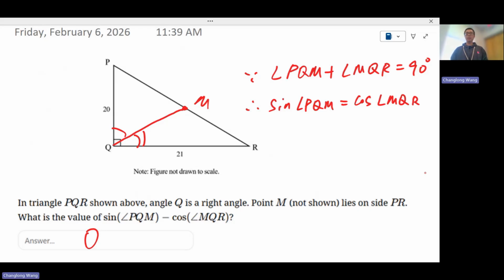Yes, Reese. Even if the angles are not acute angles anymore, you can try this. I'm glad you asked that.